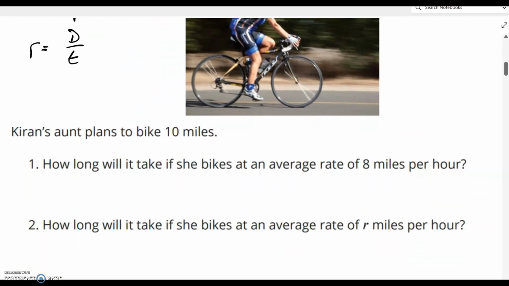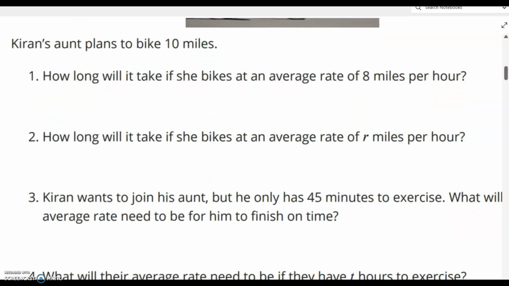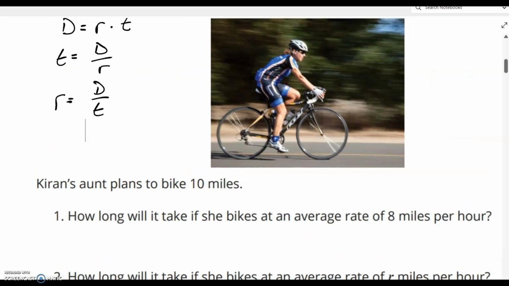Kieran's aunt plans to bike 10 miles. What we want to know is how long will it take if she bikes an average rate of 8 miles per hour? So how long will it take? If we go back up here, the how long will it take, we will get from this equation. Time is the answer to a question, how long will it take?